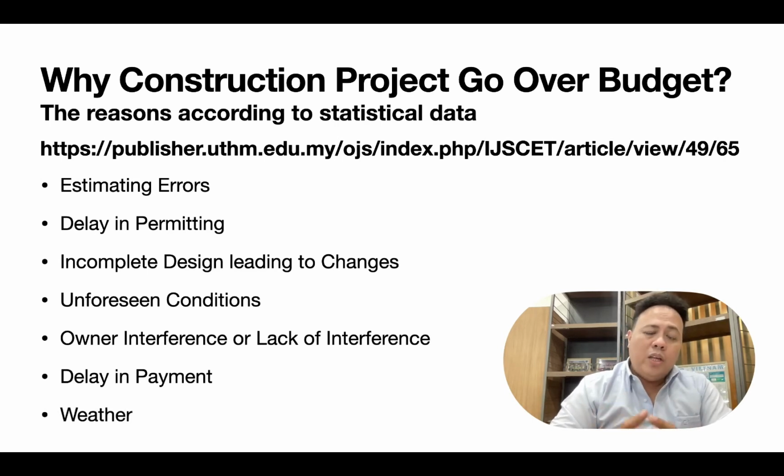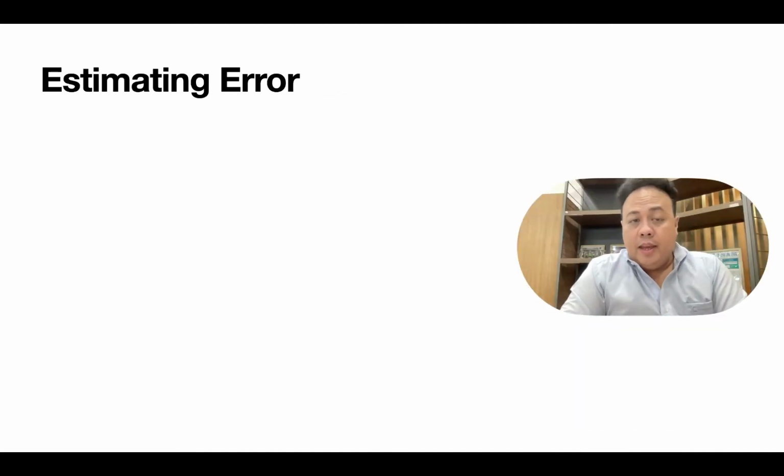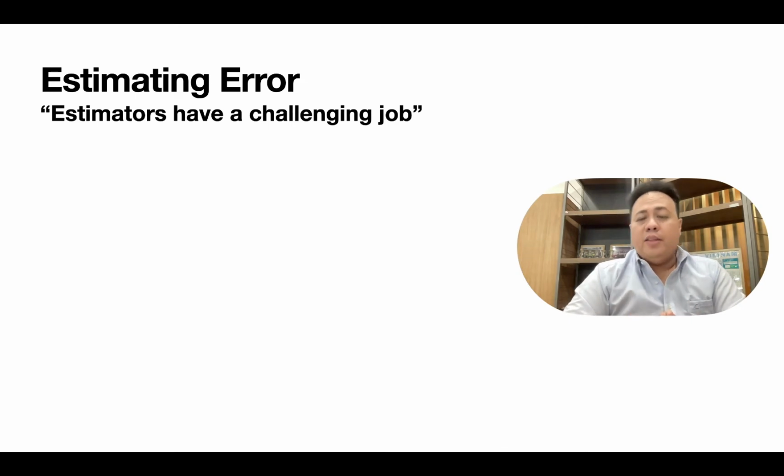Let's go through each item one by one and understand why these are causing the budget problems, and I will share some solutions that I think you can use to resolve these problems or at least avoid them. So first, estimating error. As you know, estimators have a very challenging job.